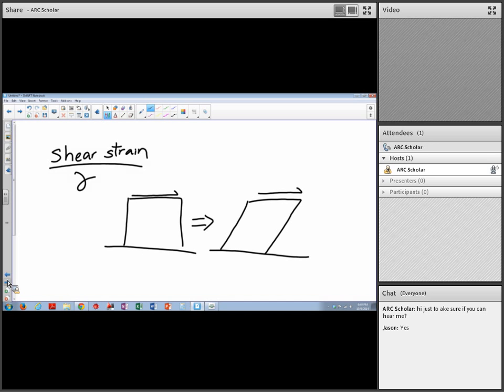And the angle you change here is going to be the shear strain. So the shear strength is 11.2 right here.